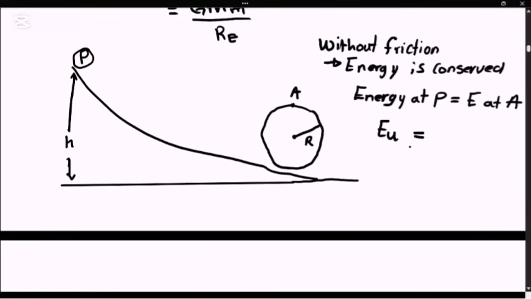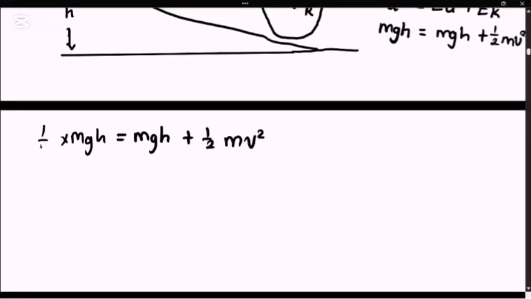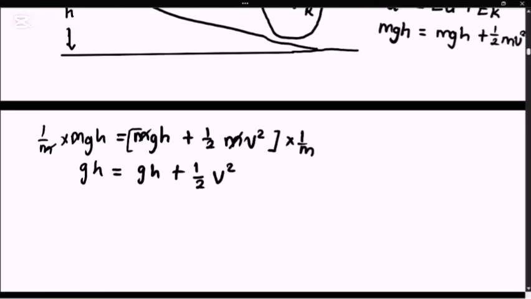But at A, my bead was already moving, which means it now has potential energy and also kinetic energy, because it still has a certain height. So I will have mgh equal to mgh plus 1 over 2 mv squared. From here, I multiply both sides of the equation by 1 over m, which will give me gh equal to gh plus 1 over 2 v squared.